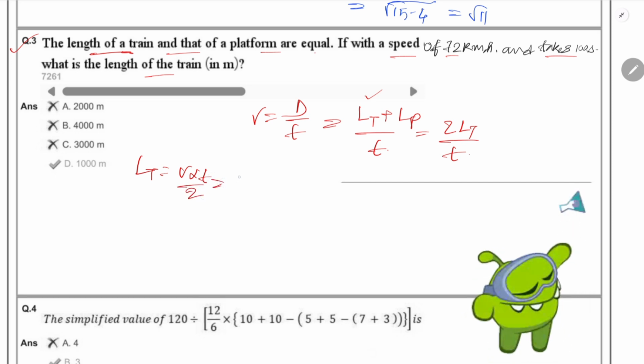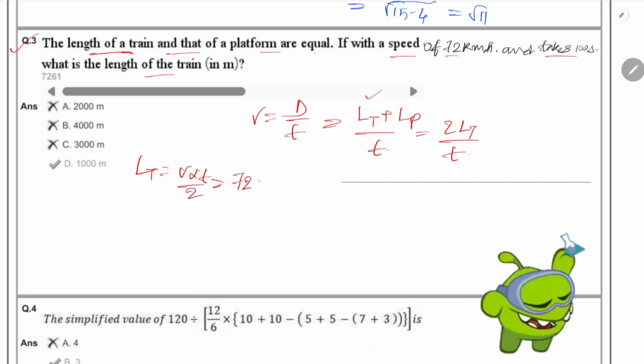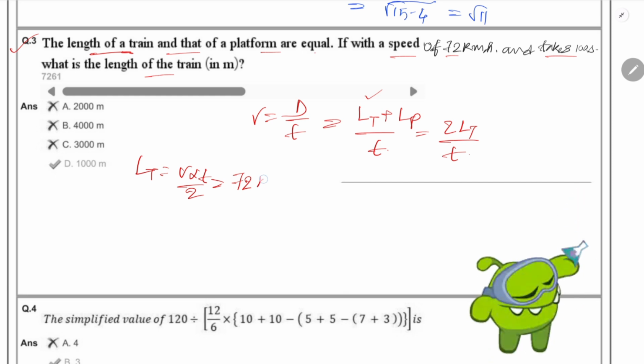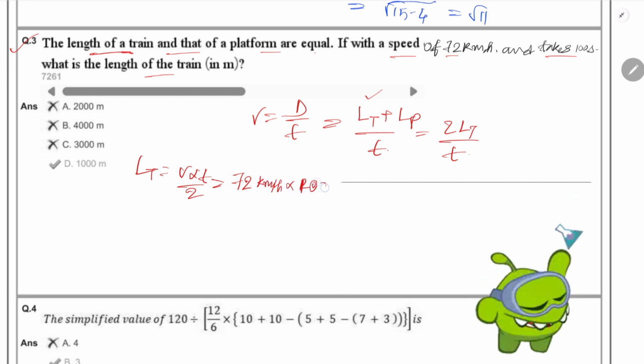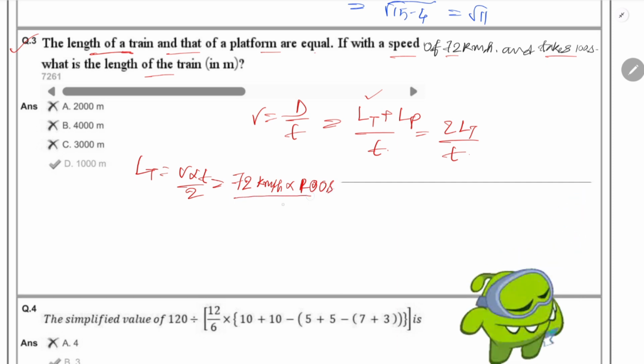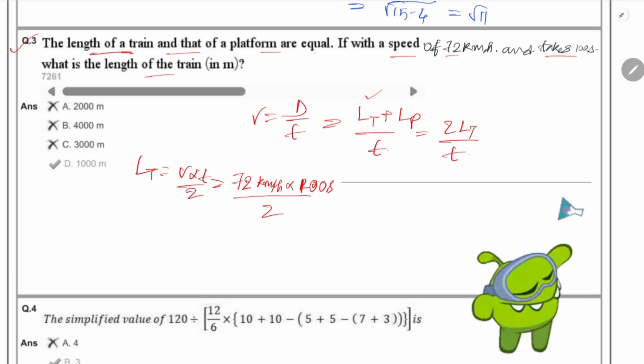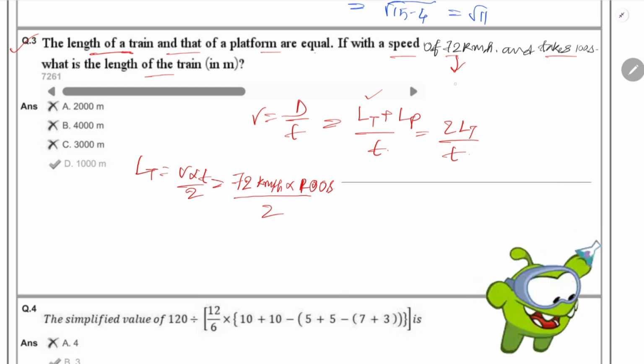Velocity is equal to 72 km per hour into time, 100 seconds, divided by 2. We have to find it in meters. So first of all, we have to convert this velocity to meters per second.